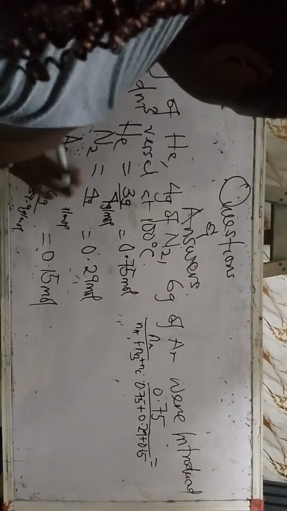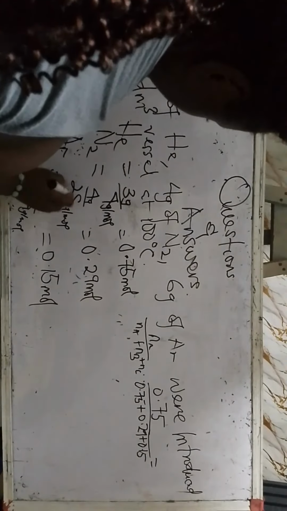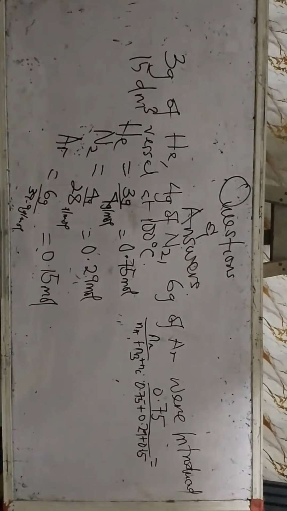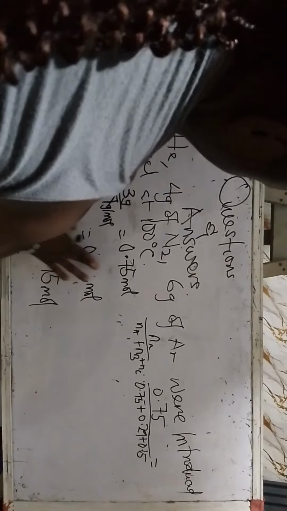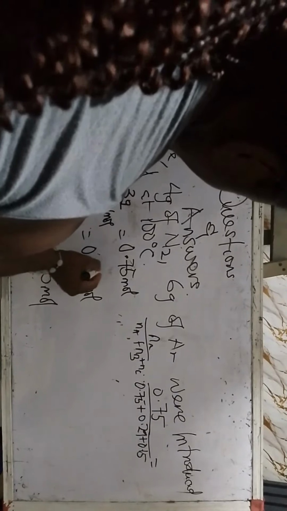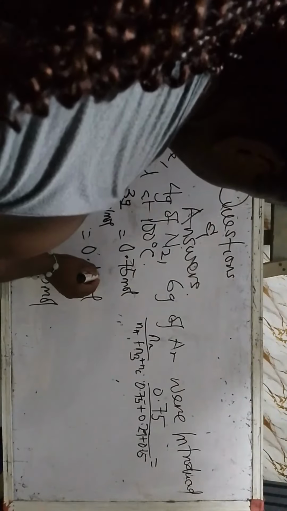So it is divided by 28, not 14, because we have 2 atoms of nitrogen. So 14 times 2 will give us 28. So divide that again. 4 divided by 28. 0.14. So your number of moles for nitrogen gas is 0.14.